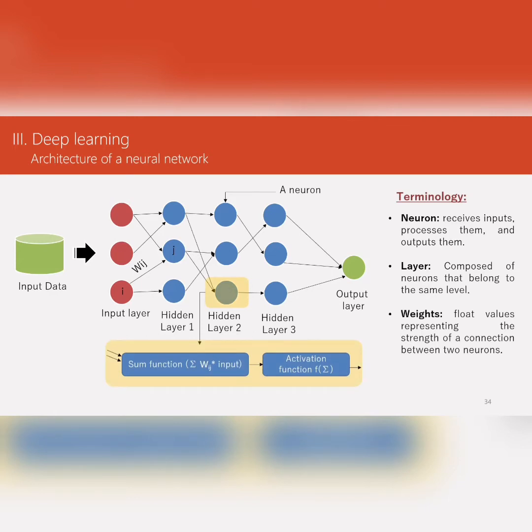Each input is multiplied by its respective weight, depending on the connection, and then all these inputs are summed and passed to an activation function. The role of an activation function is to activate or deactivate this neuron in order to emphasize or de-emphasize the propagation of information through this neuron.